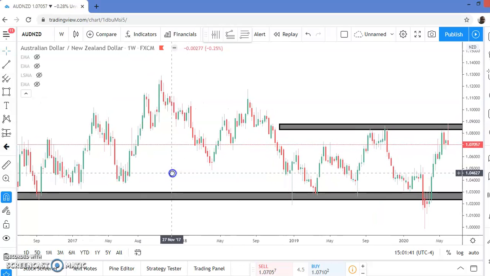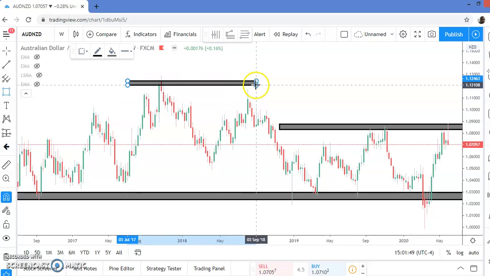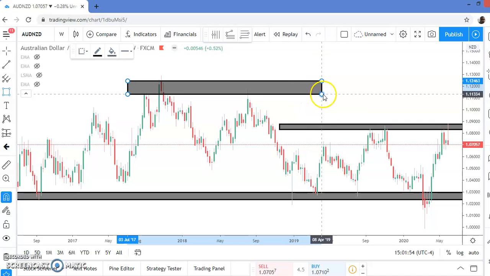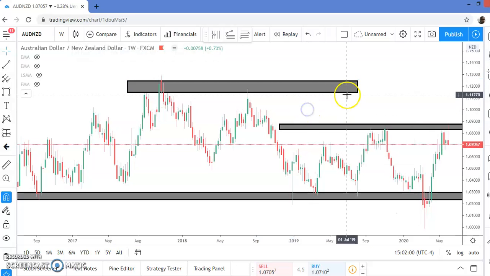And I also want to get this support area. This is pretty significant too. Price has also touched 3 times up here.